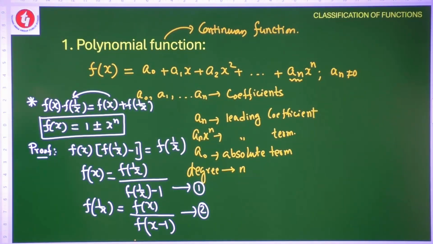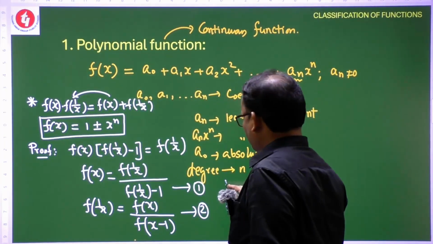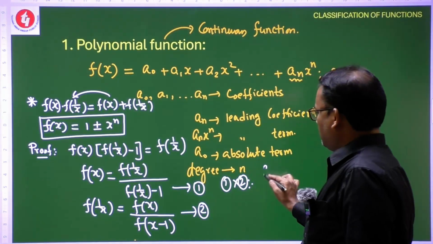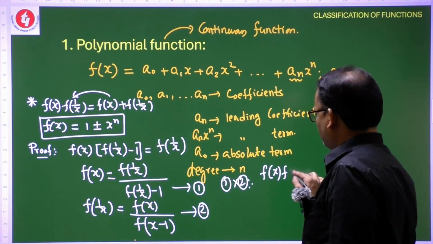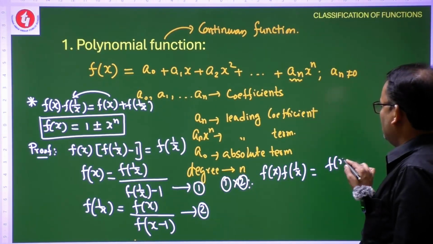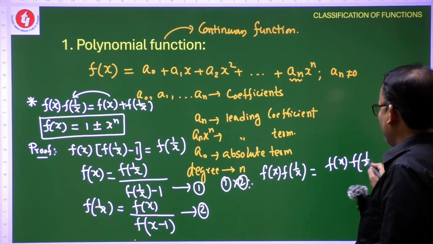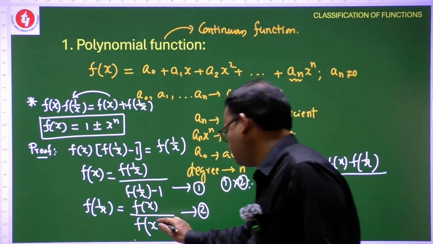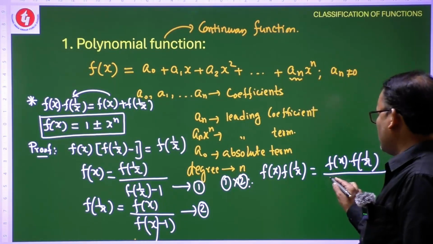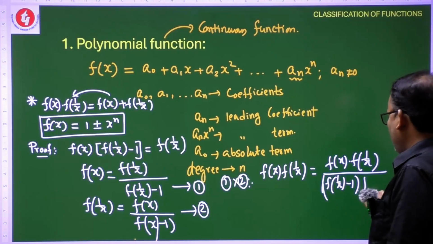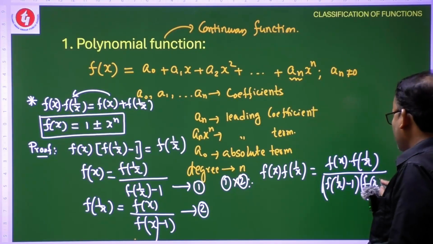Now our target is to multiply 1 and 2. If I multiply 1 and 2, what I observe is that on the left hand side I have f of x multiplied by f of 1 by x. On the right hand side I have f of x multiplied by f of 1 by x, and in the denominator I have the product of f of 1 by x minus 1 and f of x minus 1.